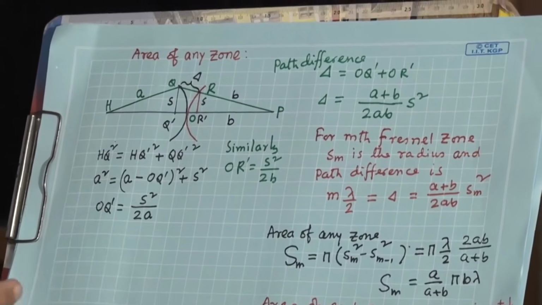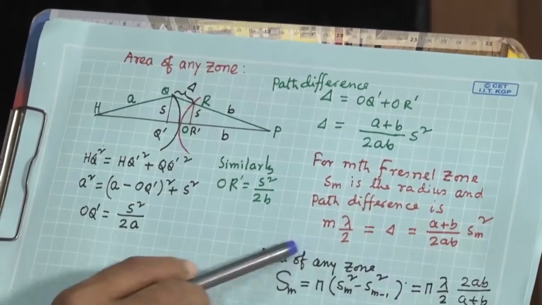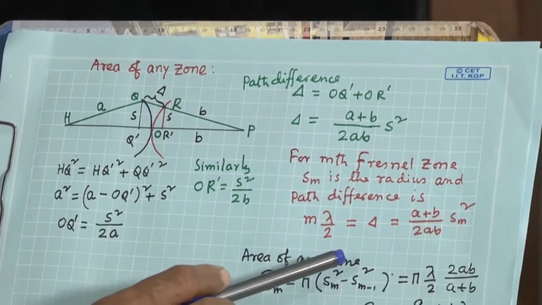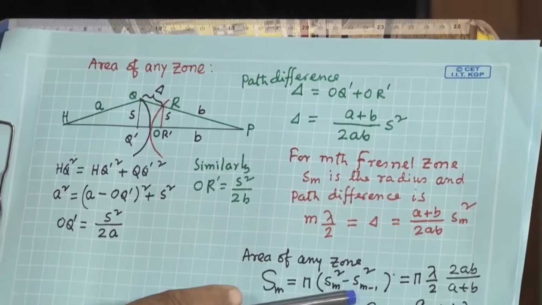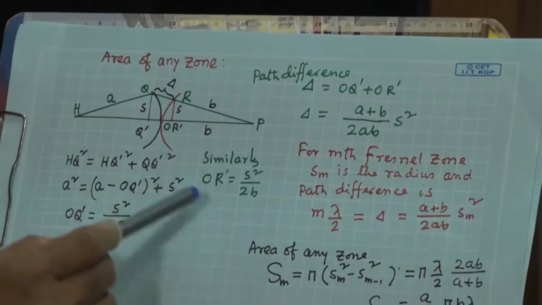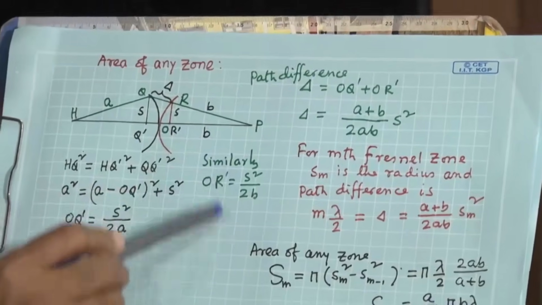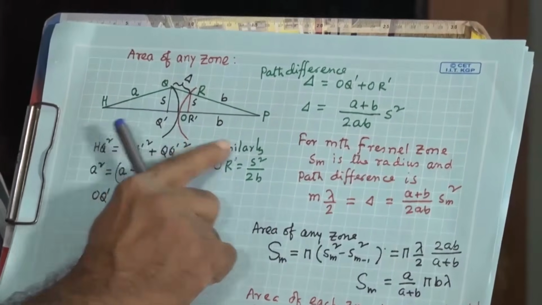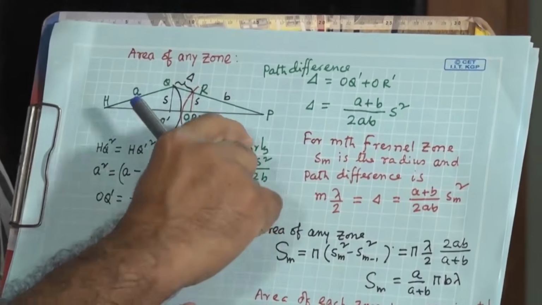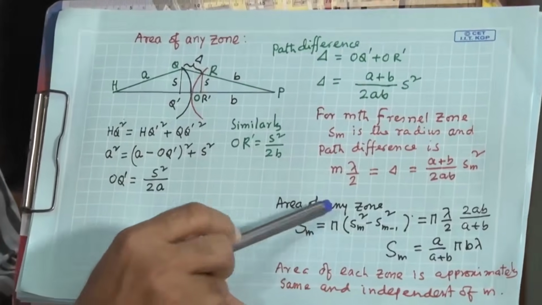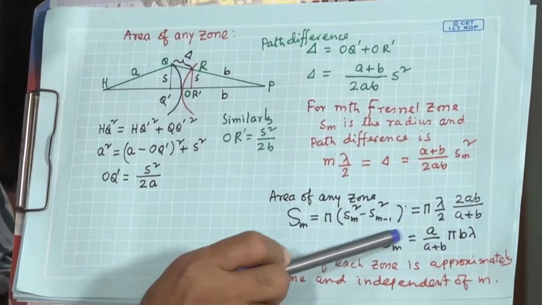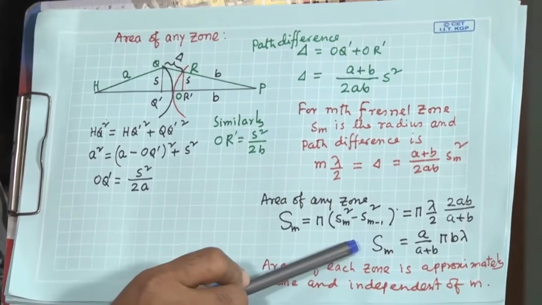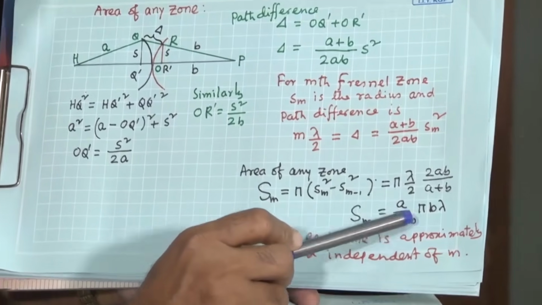The area of any zone you can write as pi S_m square minus pi S_(m-1) square, the mth and (m-1)th concentric circles. The difference between these two areas gives the area between these two circles. So the area of the mth zone will come as A by A plus B, pi B lambda.